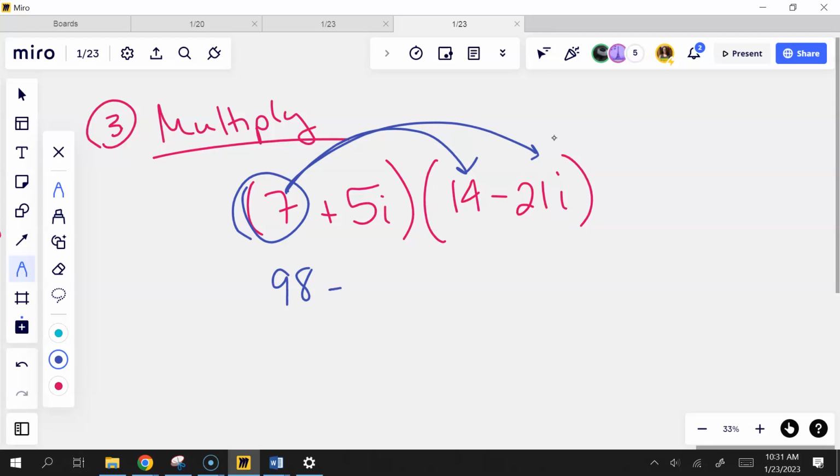No, you're right. Keep going, Kate. Come on. 5i times 14. Same thing. 105.